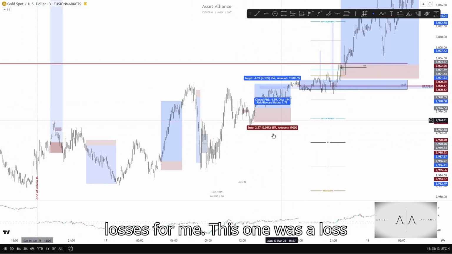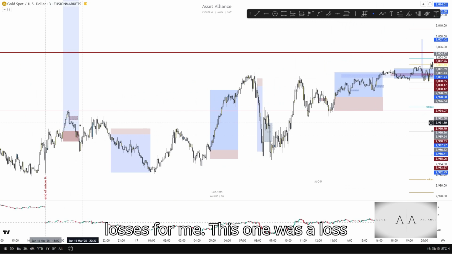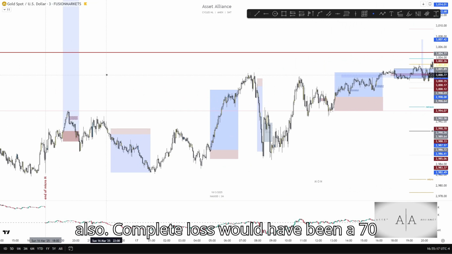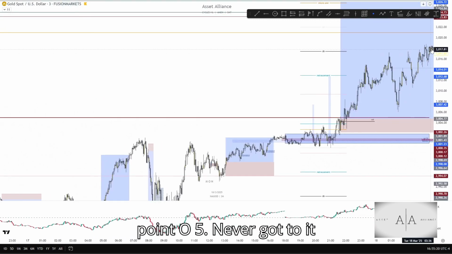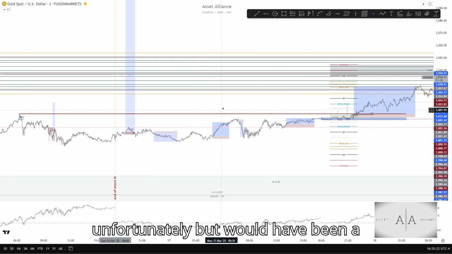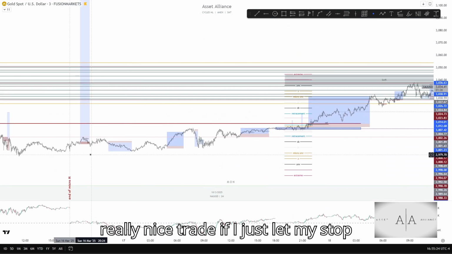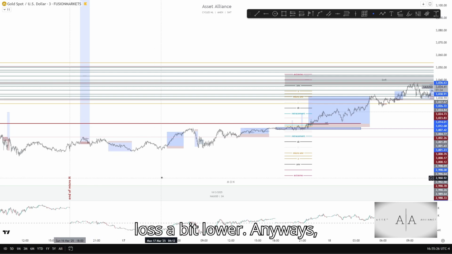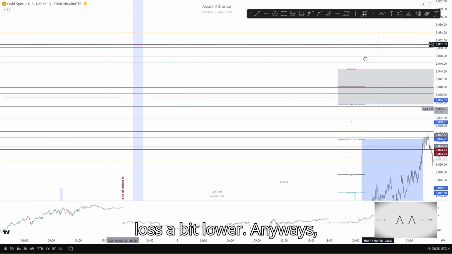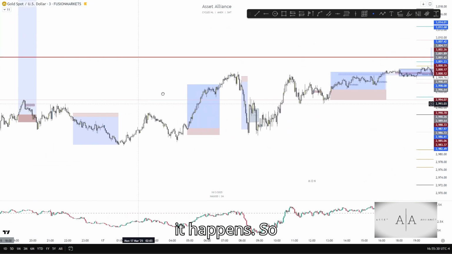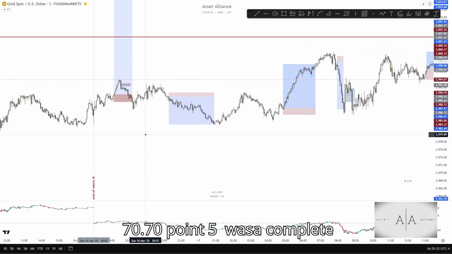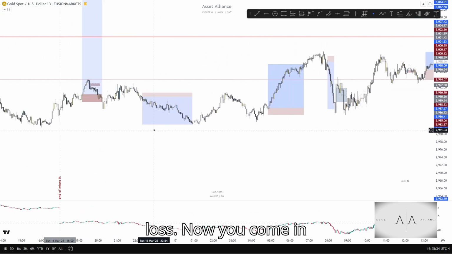These two were actual losses for me. This one was a loss also, complete loss. Would have been a 70.05. Never got to it, unfortunately, but would have been a really nice trade if I just let my stop loss a bit lower. Anyways, it happens. So 70.5 was a complete loss.